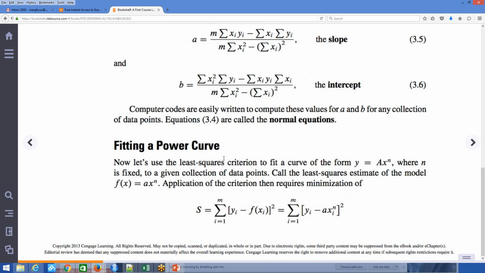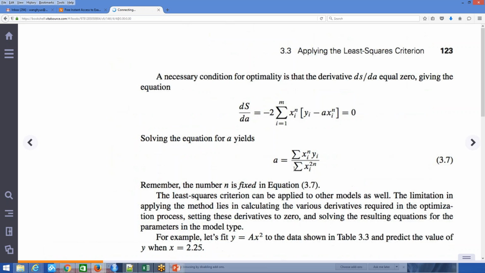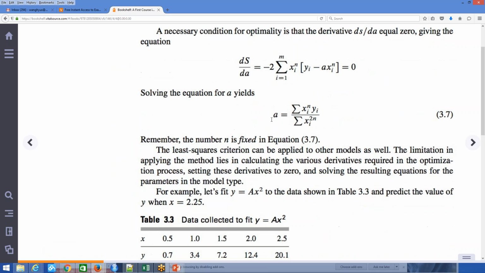The next example here says y equals a times x to the power n. You are right in the sense that b equals 0. That's correct. But this particular function form is totally different. It's a power curve, and in this case the book derived that a equals this function form.